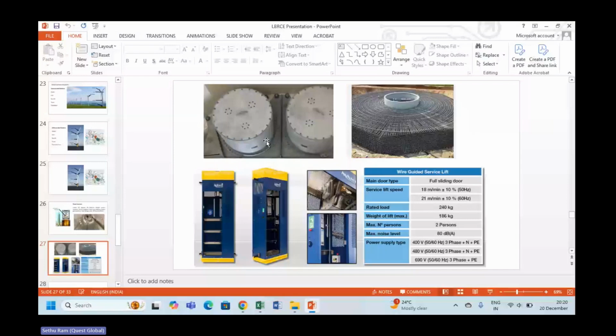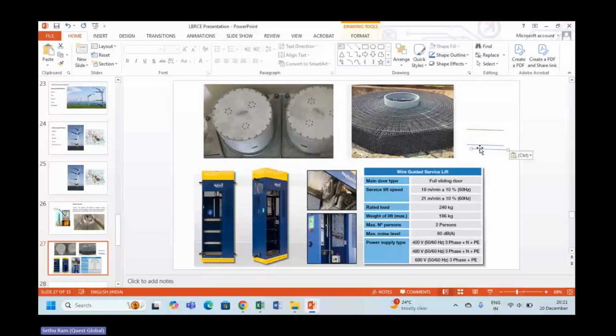But I think you got some idea how the damper works. It is the same way. If more damping is required, they will put the same stack two times. Suppose here one row, and again two rows if required, three rows, four rows.